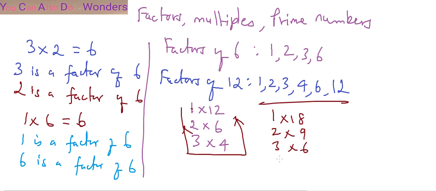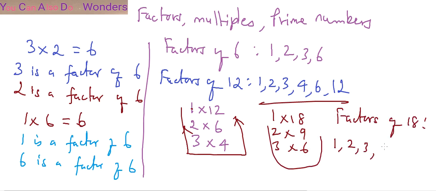So 4 is not a factor, so we can't write 4 into something as 18. Similarly 5, then 6, that's all, 6 comes here. There are no more factors. Therefore, factors of 18 are 1, 2, 3, 6, 9, 18.